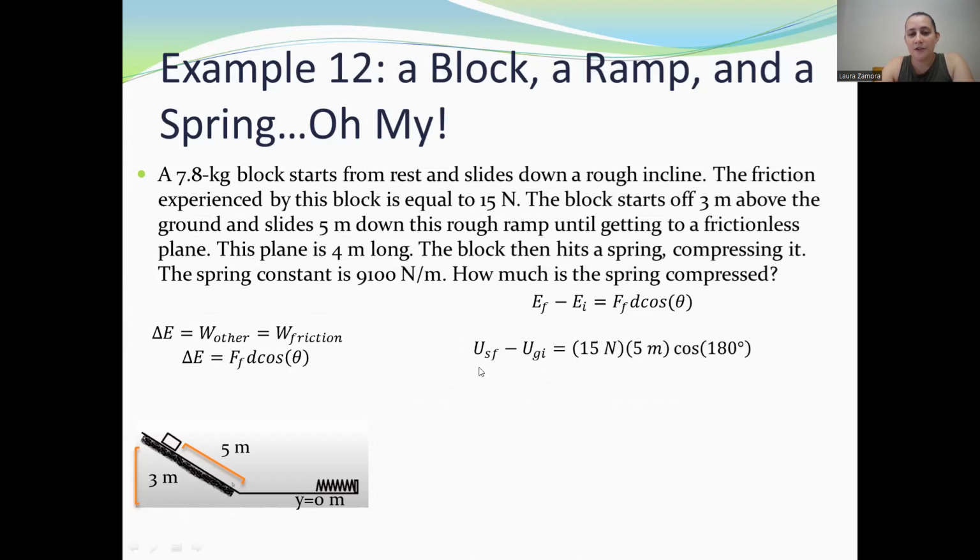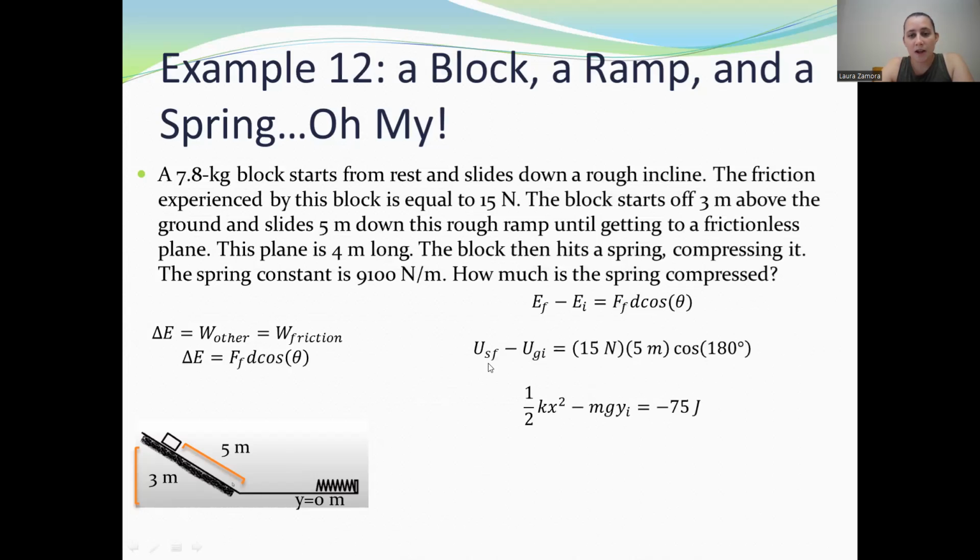This one is our final energy, and this one is our initial energy. And that equals the force of friction, which we were told was 15 newtons, times the displacement over which friction acts of 5 meters, times the cosine of the angle between them. Remember, there's no friction down here. So friction is only doing work on the system for the portion that there is friction. And that's 5 meters.